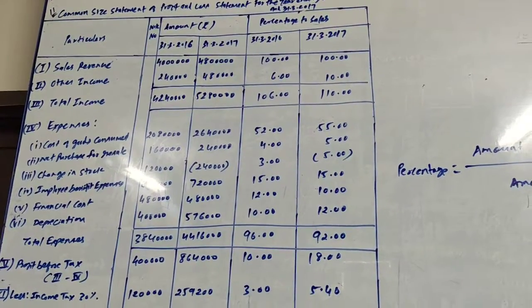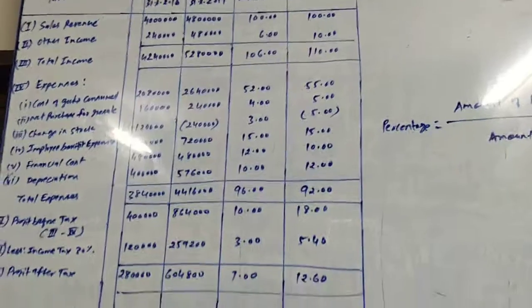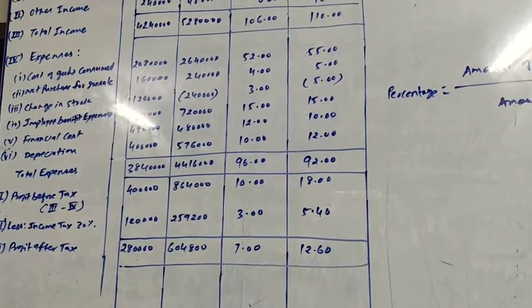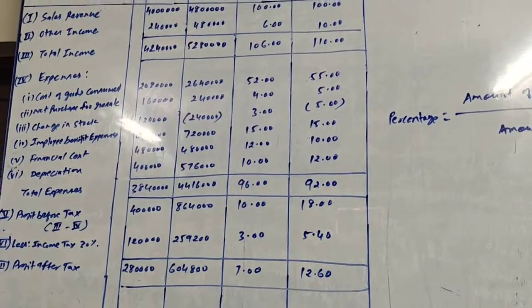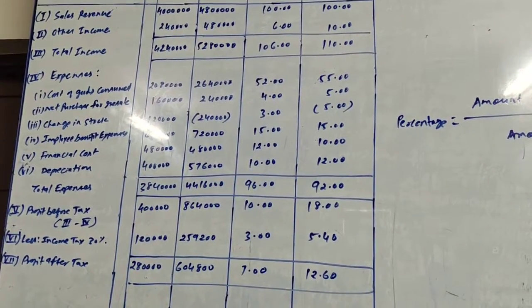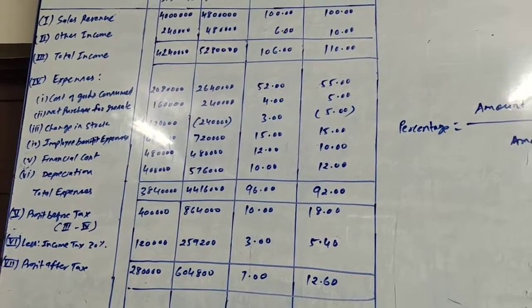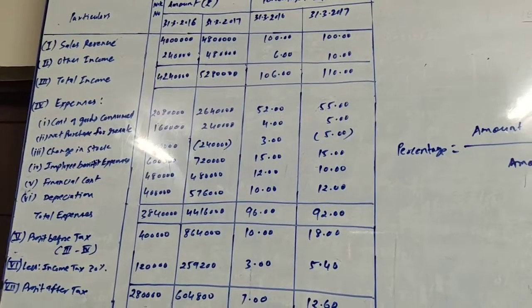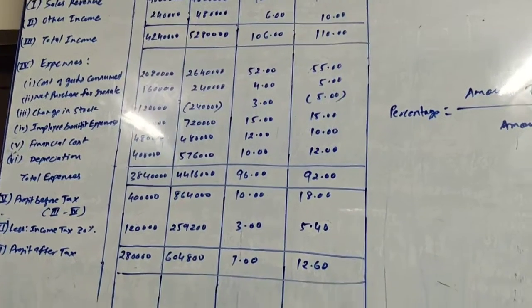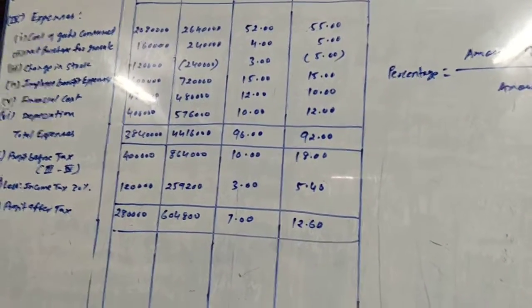In the year 2016, the total expenses were 96% of sales, whereas the expenses of 2017 are 92%, so it has decreased from 96% to 92%.